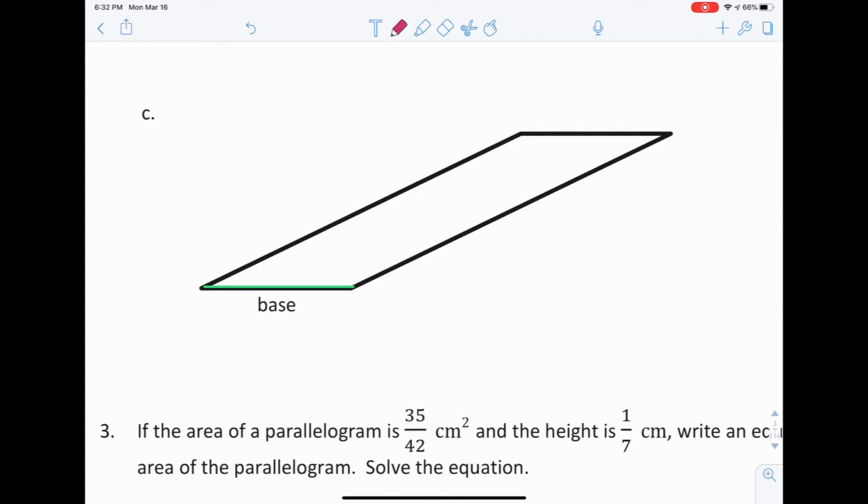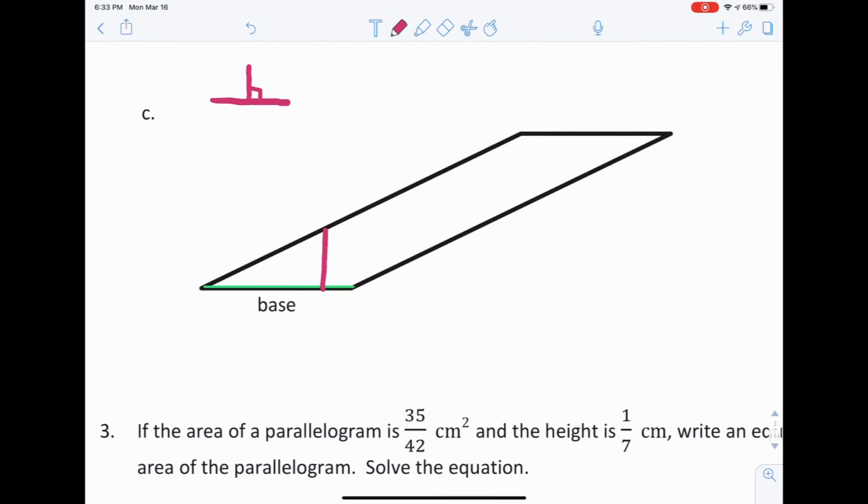Right, hopefully you took my advice and you actually did pause. This one is kind of a trick because I've mentioned that the base and the height have to be perpendicular. They have to form that perfect 90-degree angle. Basically, they have to look like that perfect T shape, upside down T in this case. But if I were to do that anywhere on this base, let's say I started here and I were to draw a line straight up, then you might be tempted to stop your line right there.